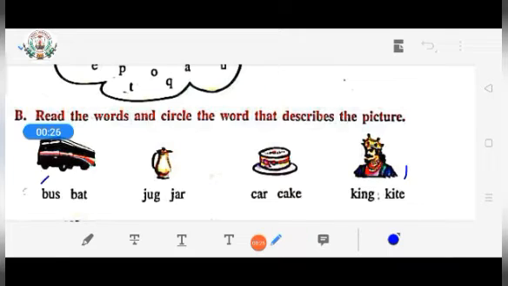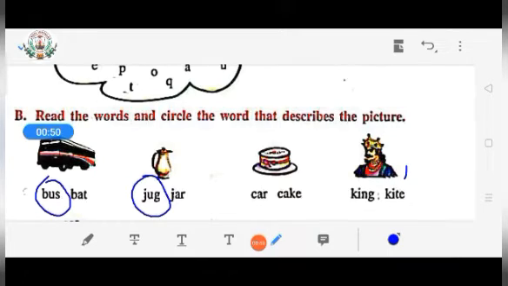Bus. Look at the second picture, children. What is the second picture? Jug. Then circle jug. J-U-G. Jug.